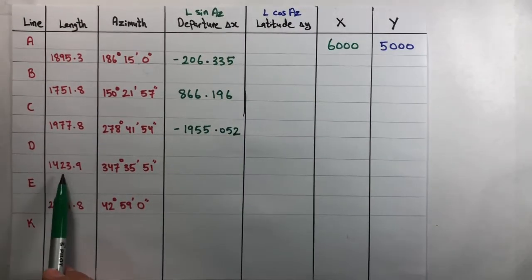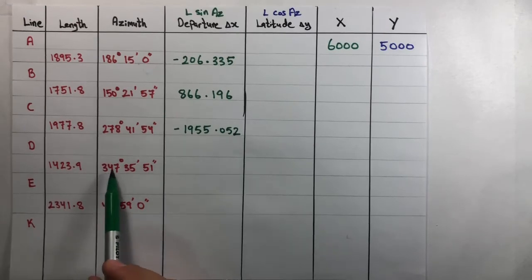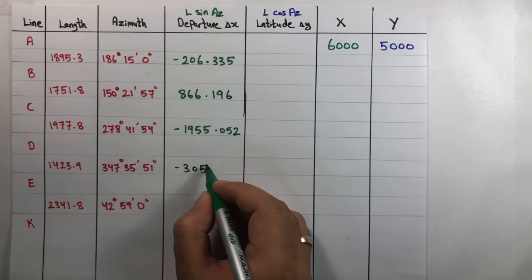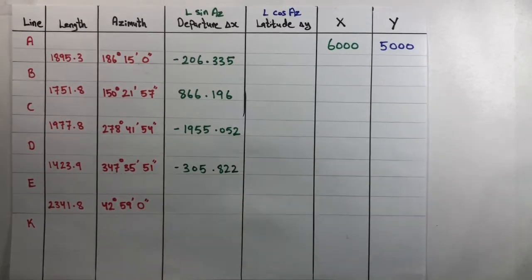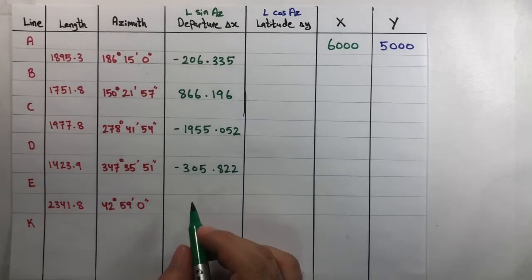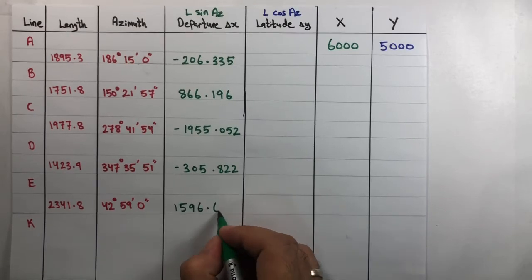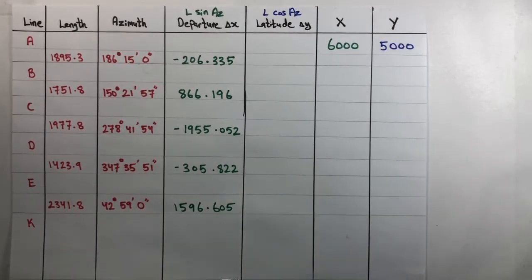Next 1423.9, sine 347 degrees 35 minutes and 51 seconds. We'll get a negative 305.822. Finally we are with 2341.8, sine 42 degrees 59 minutes and 0 seconds. We have 1596.605. These are the departures. Now we'll go and find the latitudes.